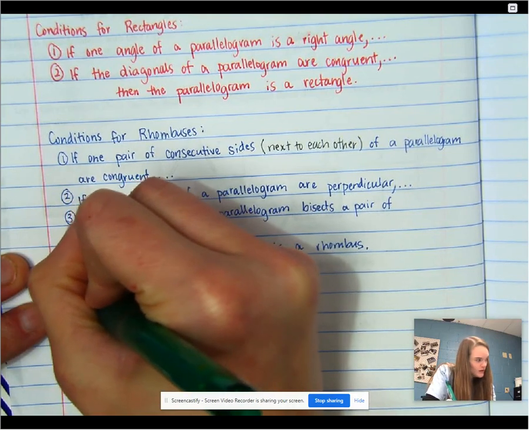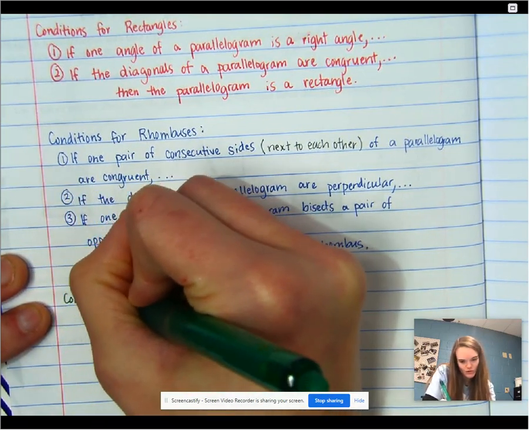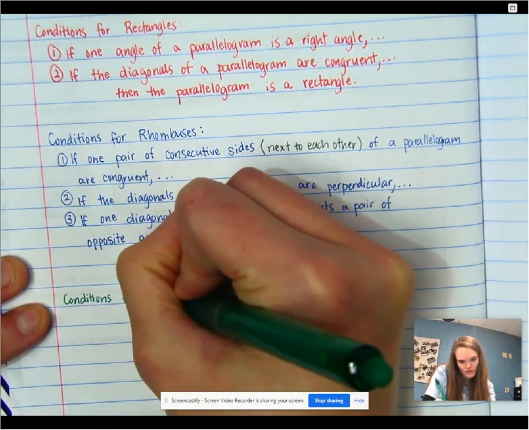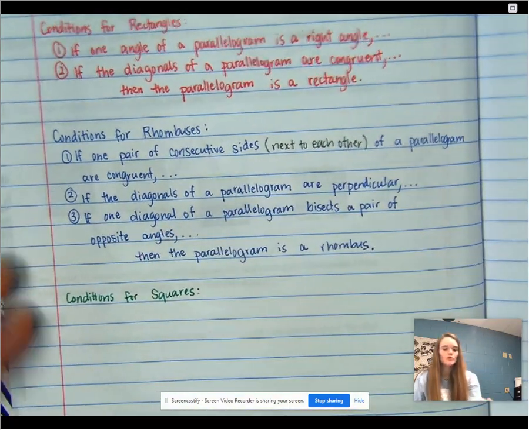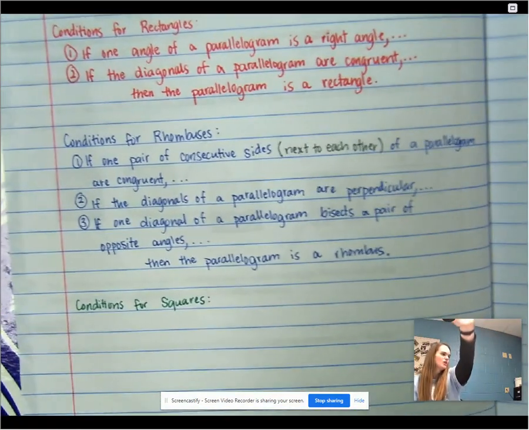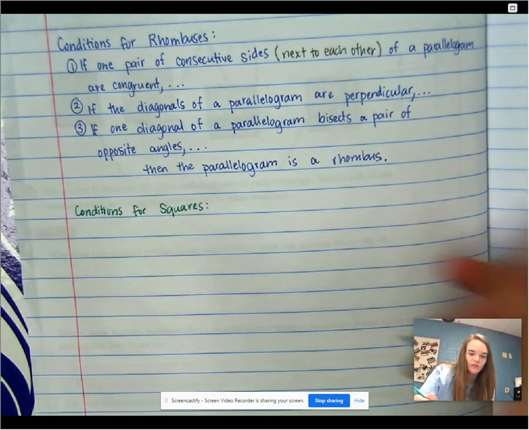Conditions for squares. Proving that something is a square takes longer. However, listing the conditions is less work.